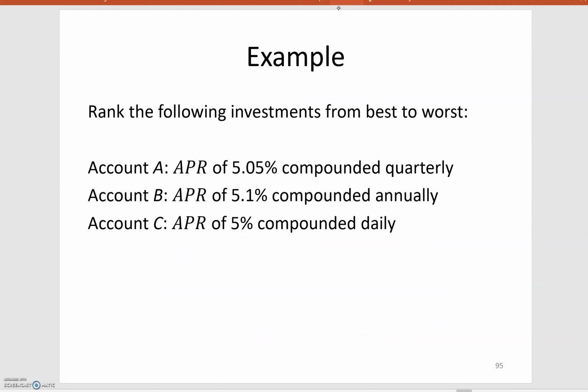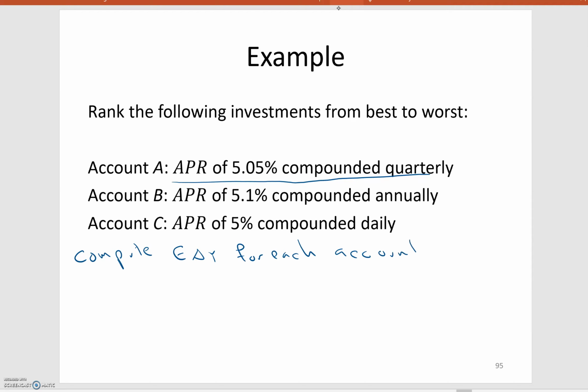So here's an example of measuring. I've got 3 different accounts. They all have different APRs and they all have different compoundings. So we have an APR of 5.05% compounded quarterly. We have one 5.1% compounded annually, and then 5% compounded daily. And I want to know which one's the best and which one's the worst. So to answer this question, I need to compute the EAY for each one.